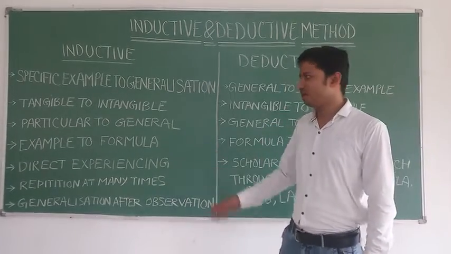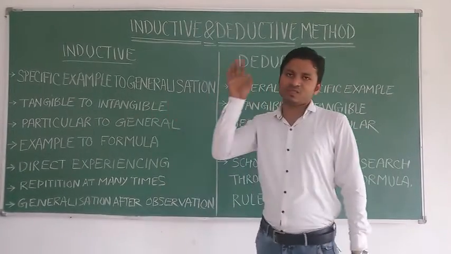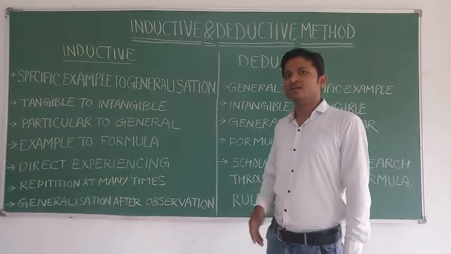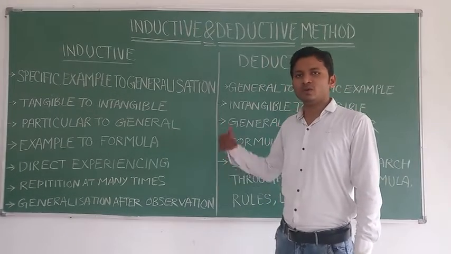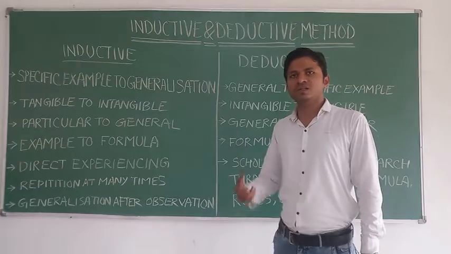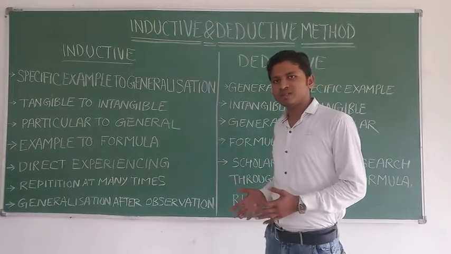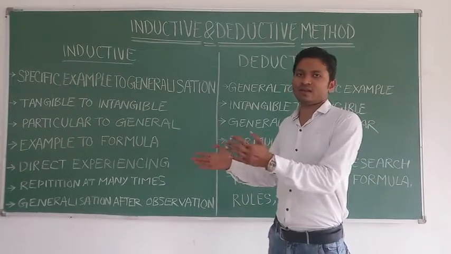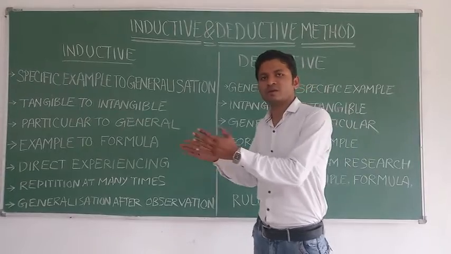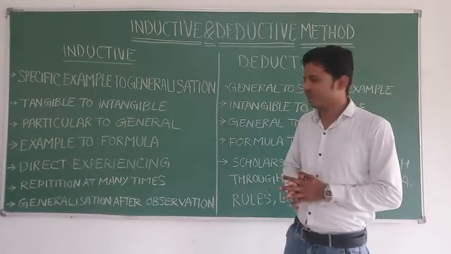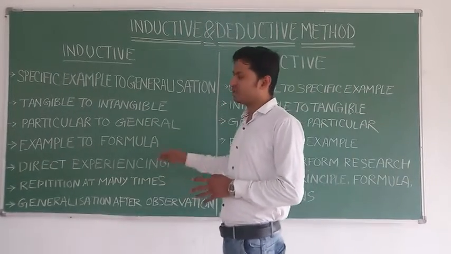Okay, so in the inductive method we study specific examples and generalize a theory about a vast group of people or another kind of social unit or part. Okay, next, direct experience.